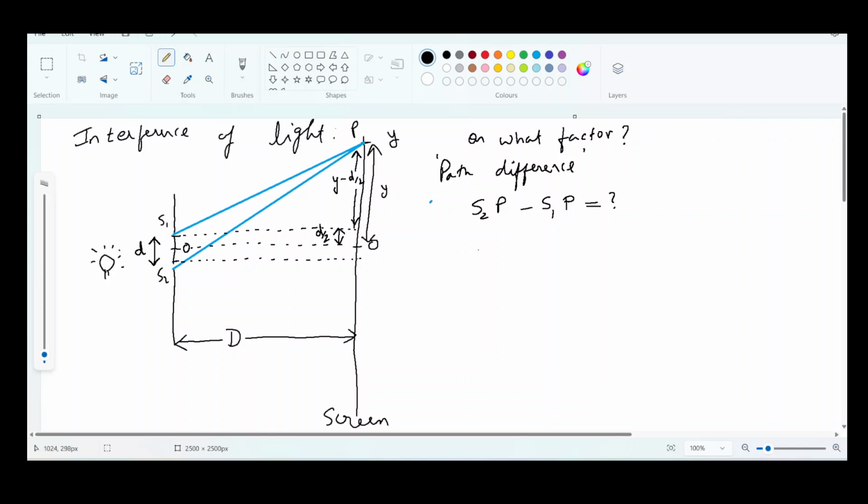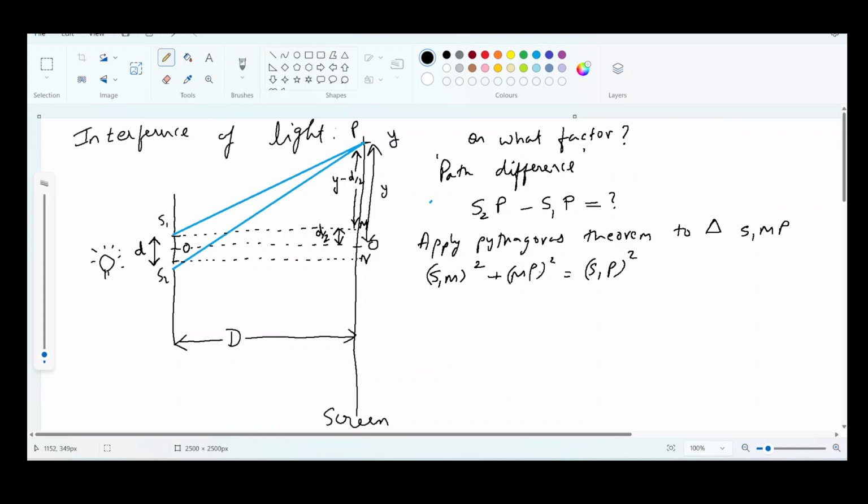So applying Pythagoras theorem to triangle S1, let me call this as M, and let me call this as N. Triangle S1MP. Okay. So you have S1M whole square plus MP whole square is equal to S1P whole square.